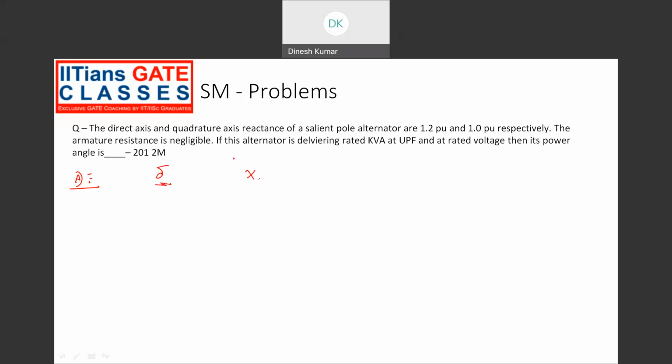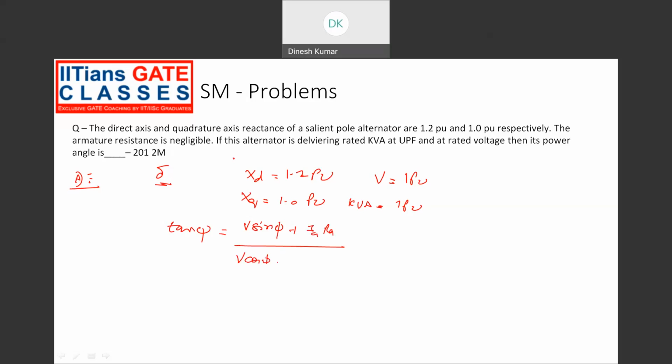What they have given us: XD equal to 1.2 per unit, XQ equal to 1.0 per unit, voltage V equal to 1 per unit, kVA also 1 per unit. Earlier we have seen the expression for tan psi equal to V sin phi plus IAXQ by V cos phi plus IARA.